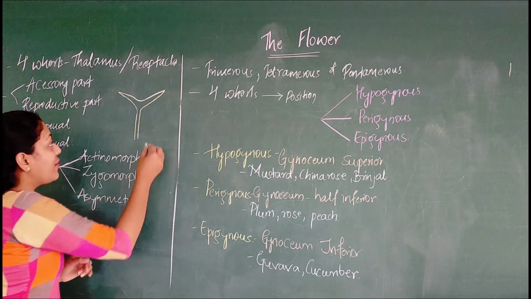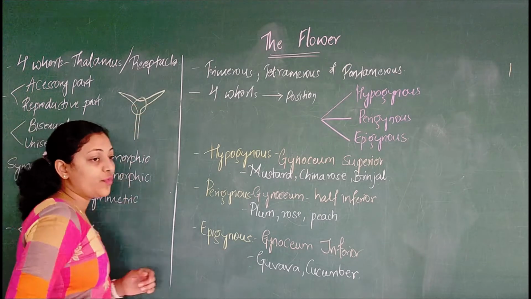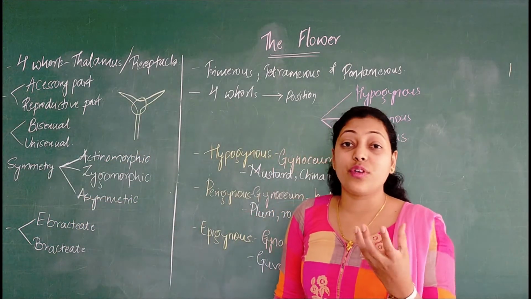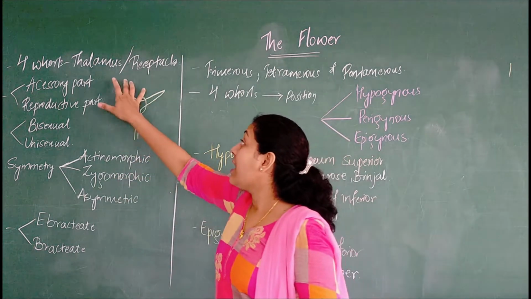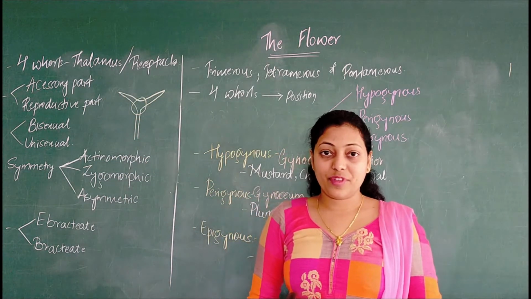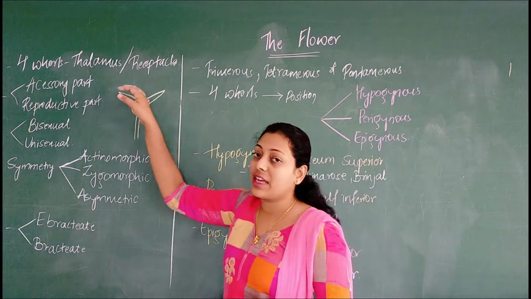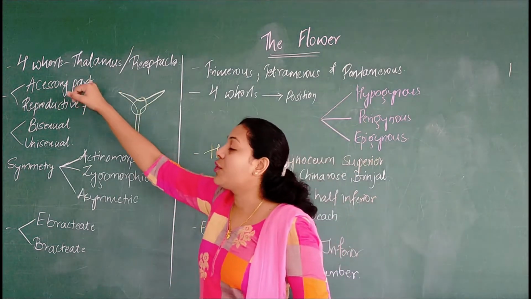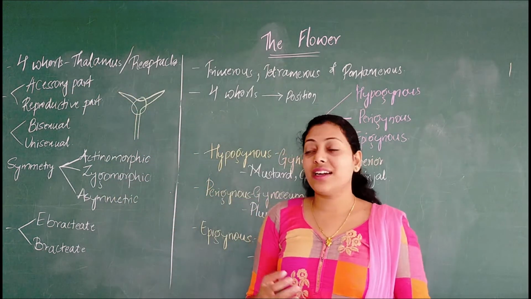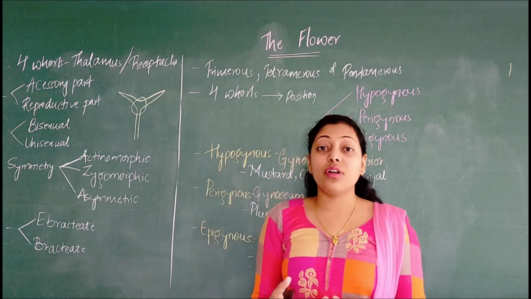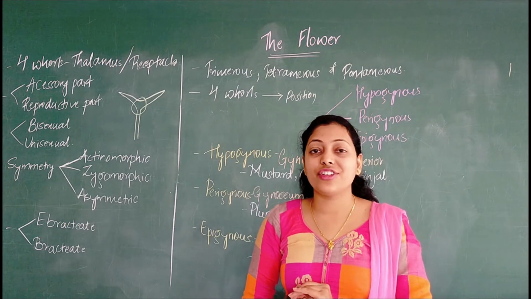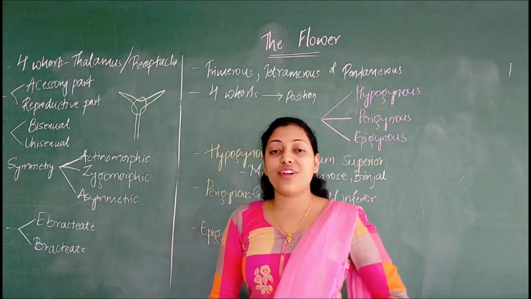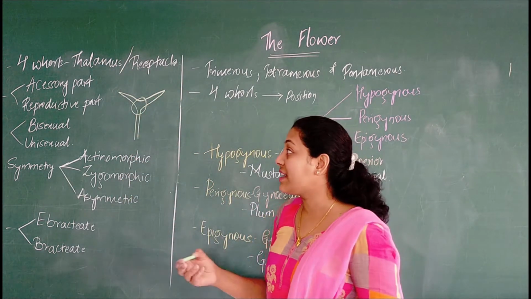And in the center of the calyx, you see a swollen position that is called the thalamus or receptacle. From the thalamus or receptacle, all the 4 whorls arise. Is it clear? So that is about the 4 whorls which are arranged at the basal region, at the thalamus or receptacle.